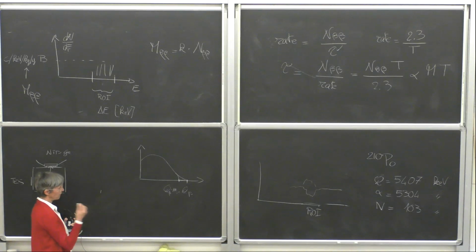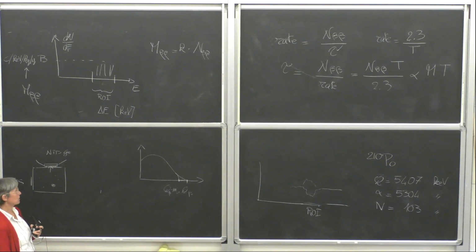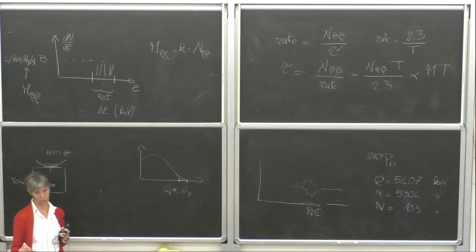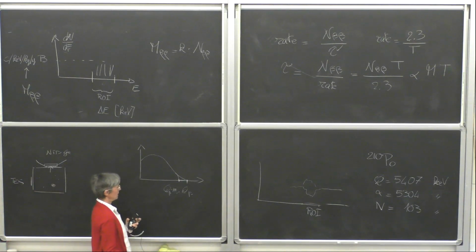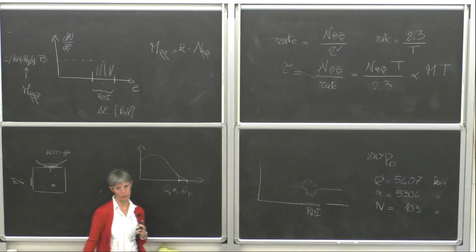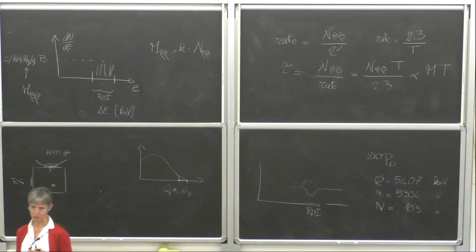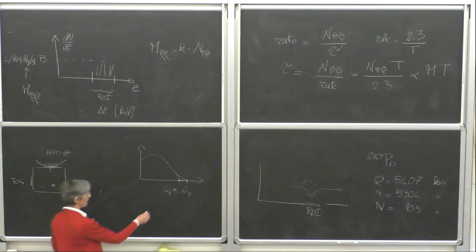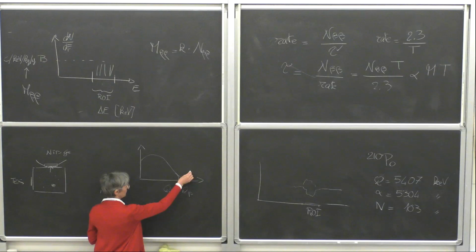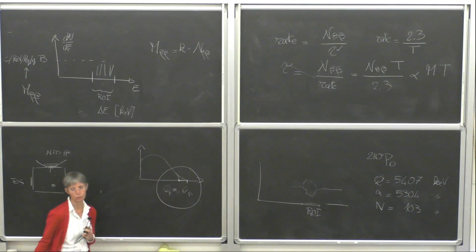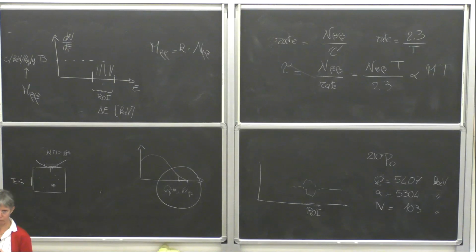So you want a very good energy resolution, and you want a very fast detector because you need to avoid pile-up also in this case. And since all your information is in the endpoint, you need a source that produces a lot of events there, otherwise you are limited by the statistics.